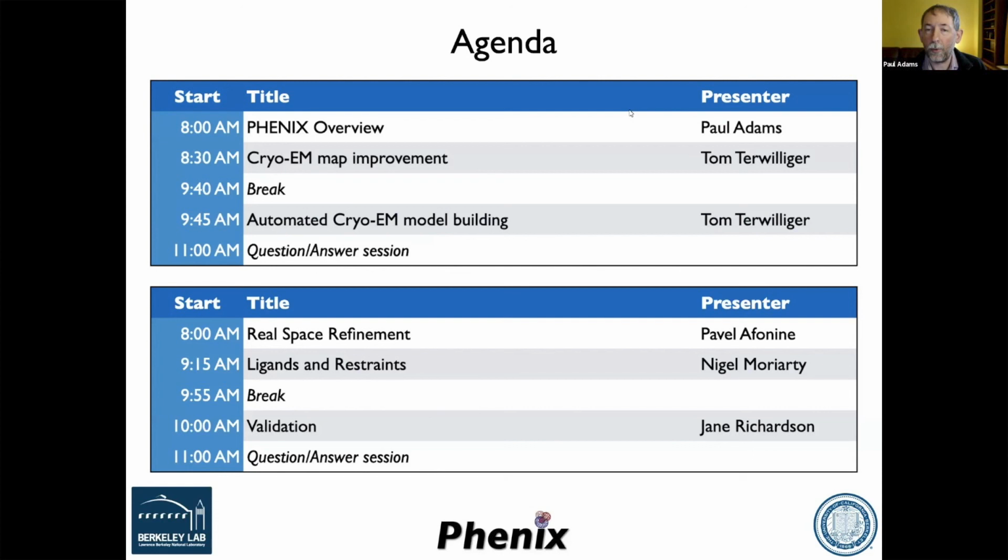If we change the Fourier coefficients representing the map so as to make the solvent more flat, that reduces errors in the Fourier coefficients, and that makes the protein region more accurate.